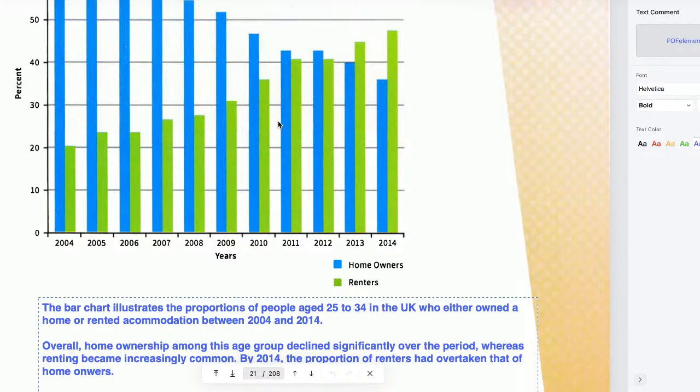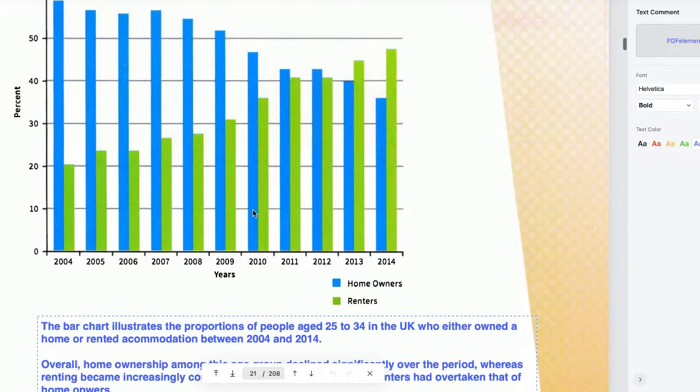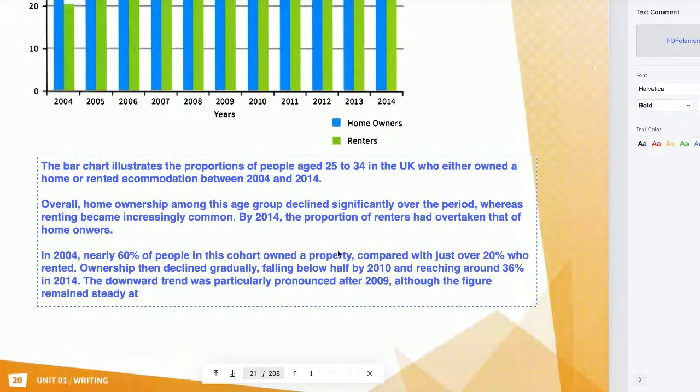Around 42, yes, around 42 or something. You can say at just over 40%, or we can say at around 42%, but we replace that because we just used around already. So at just over 40%.